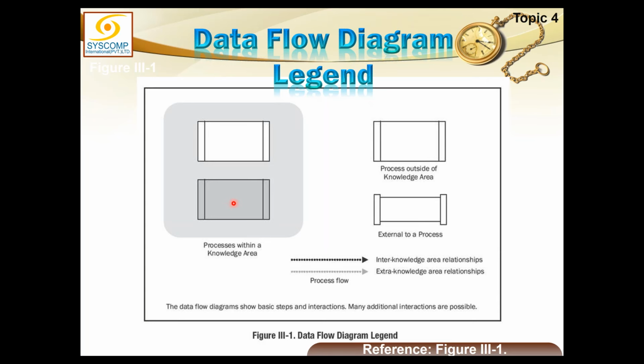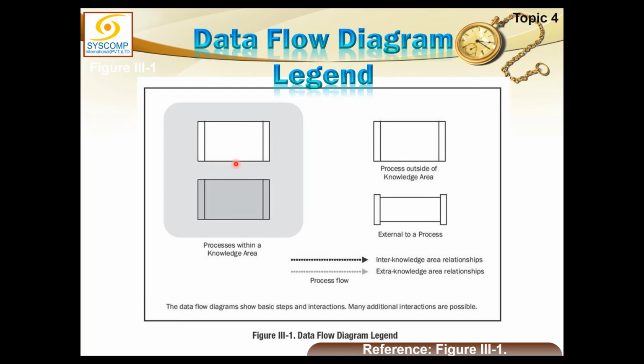So actually we are discussing the darker gray box, and if there is any relationship with any other process from the same knowledge area, that would be shown in the same background.